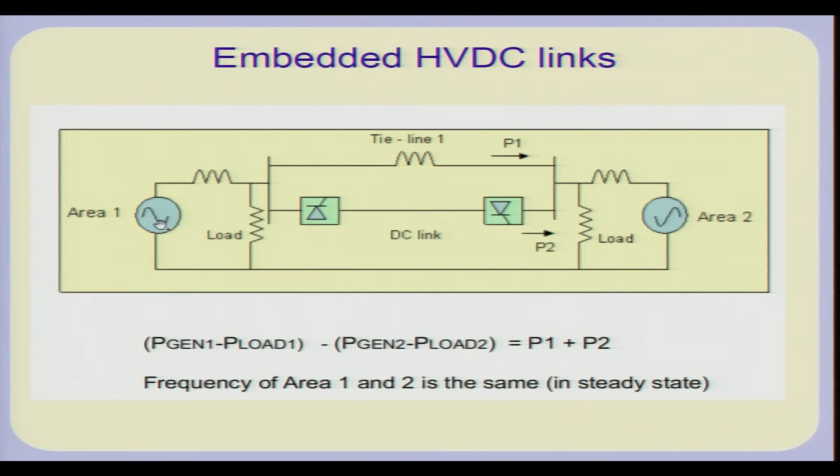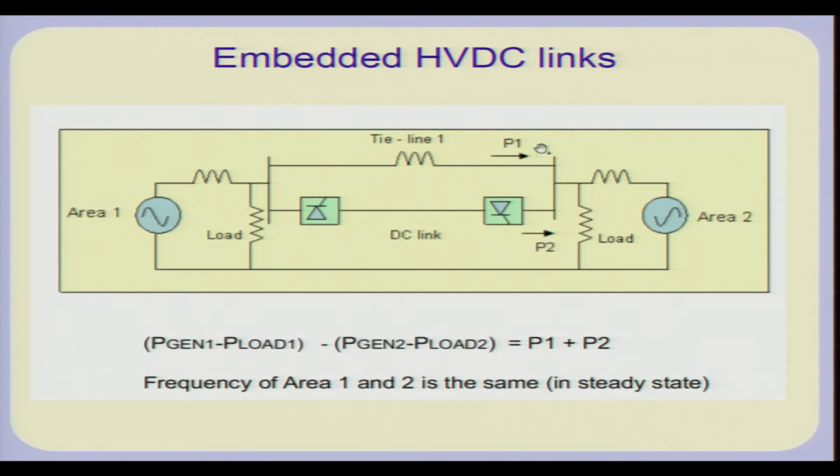So, you can't have the frequency of one end different from the frequency at the other. If that were the case, you will have power fluctuations and voltage fluctuations and torque fluctuations in the machine, which is not acceptable. Effectively, you can't operate with the two frequencies being different in this situation. So, the moment you have got an AC line parallel with the DC line, you have effectively made it a synchronous system, and the frequencies of area 1 and 2 are the same.